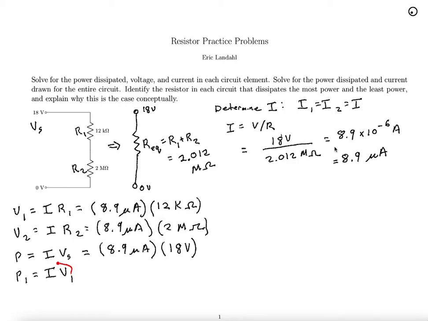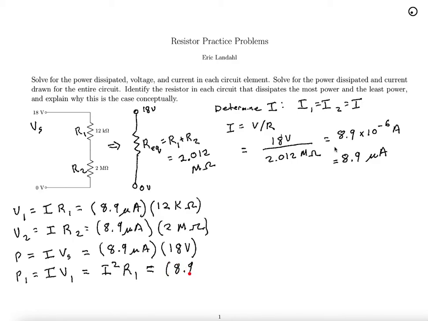Of course, V1 is the same as IR1, so I'm just going to substitute that in and write I squared R1. Those are numbers I have readily in front of me.